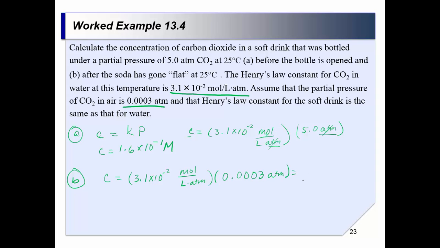When it has gone flat, it has a concentration of 9 times 10 to the negative 6 moles per liter, or capital M. You can see it's a difference by a factor of about 10 to the fifth.